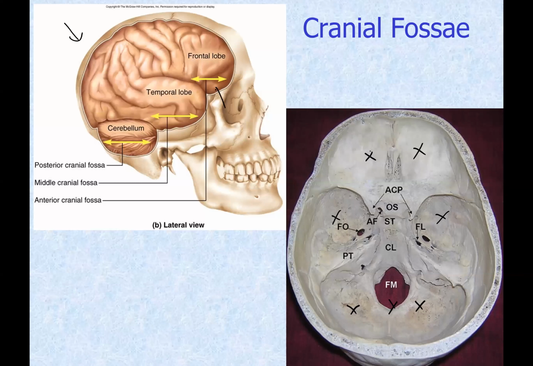You get the extension of the dura mater between these 2, which is called the tentorium cerebelli, separating the cerebellum, which is in the posterior cranial fossa, from the cerebral hemisphere in the middle and anterior cranial fossa.